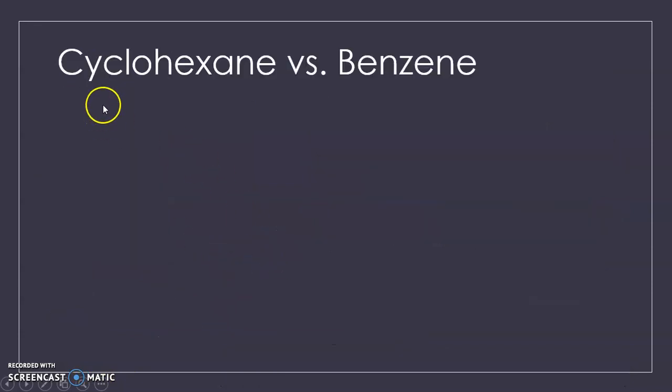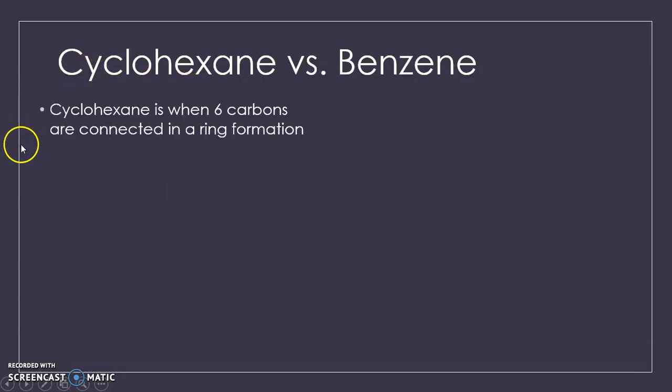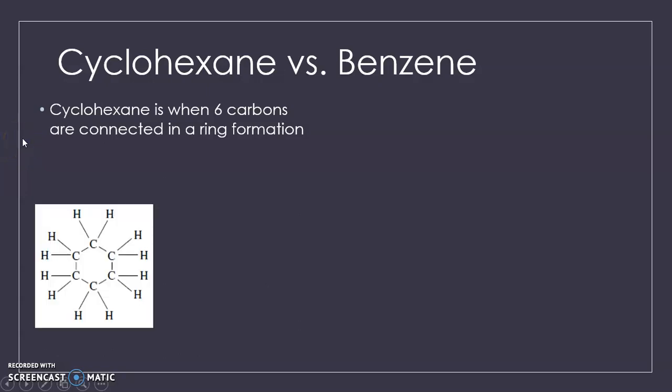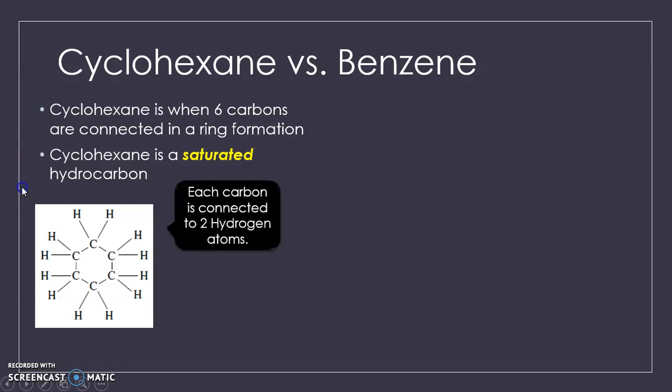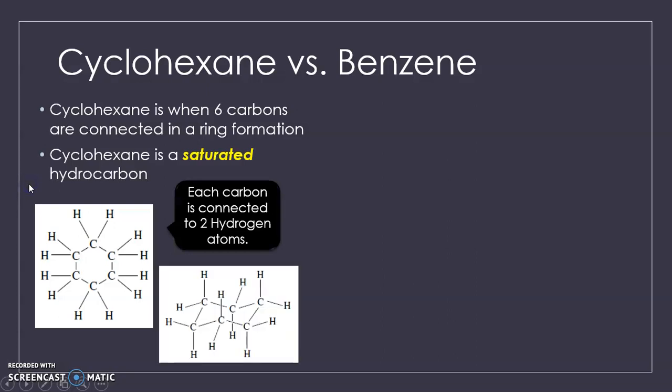Okay. Let's have a look at cyclohexane and benzene. Cyclohexane is when 6 carbons are connected in the ring formation. It is very innocent. It's just a saturated hydrocarbon. Instead of being a chain, they're connected into a ring. And in cyclohexane, each carbon is connected to 2 hydrogens.